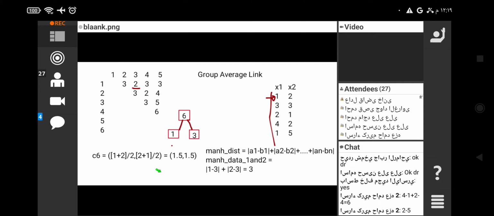The average is between cluster 1 and 3. We add the data in each dimension and then we divide it by the number of data. Here we have two data.